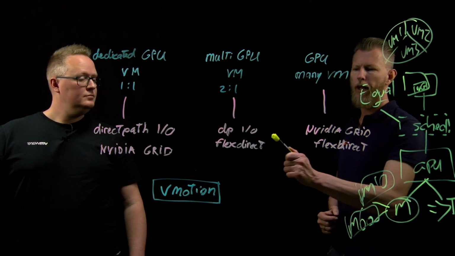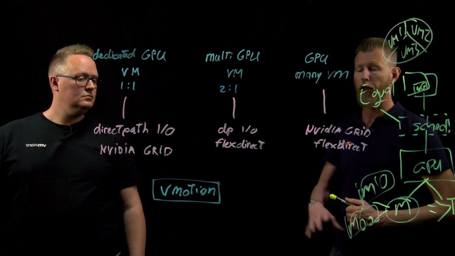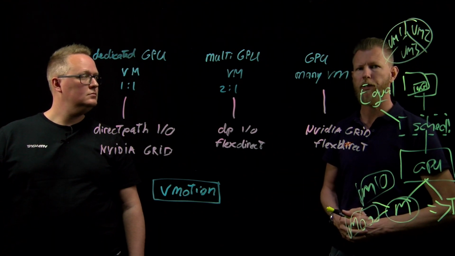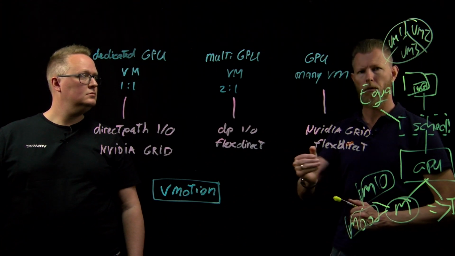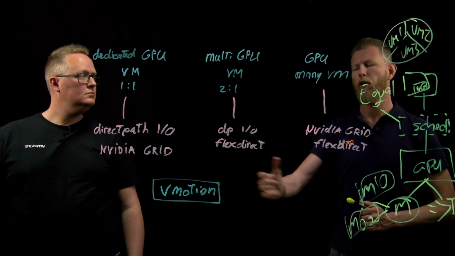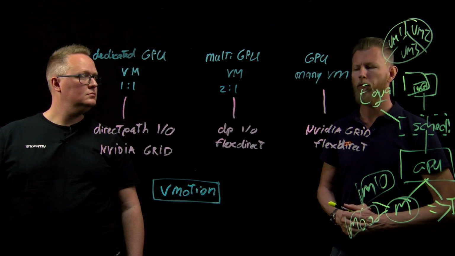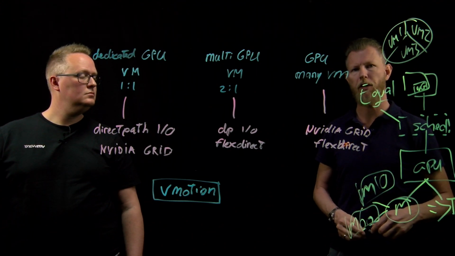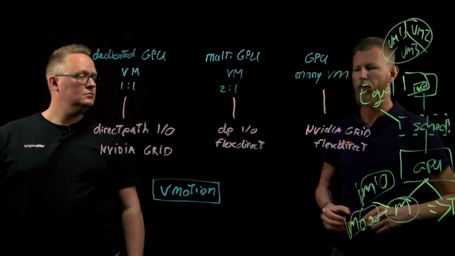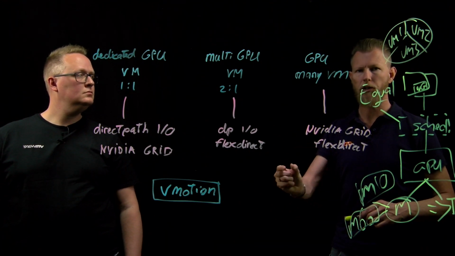Please note that a vMotion has, in the current version, vSphere 6.7 U1, a slight delay when you move a VM from one host to the other. Depending on the size of the frame buffer of the physical video memory, that freeze could take a second to a couple of seconds.